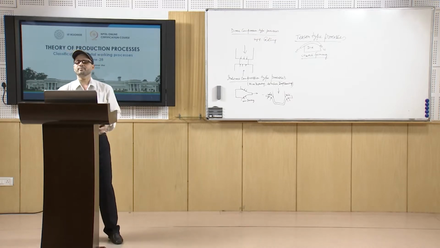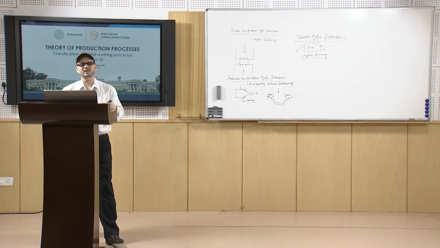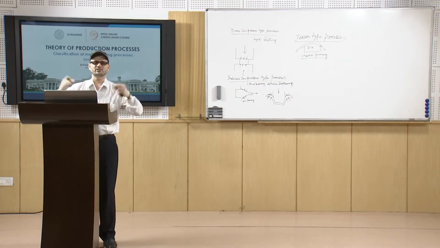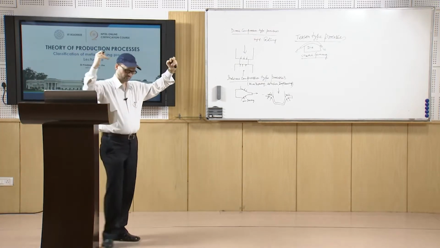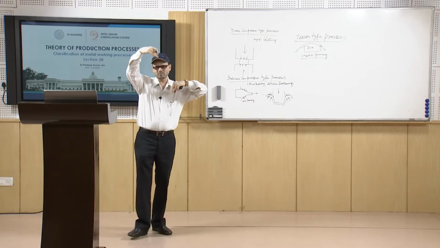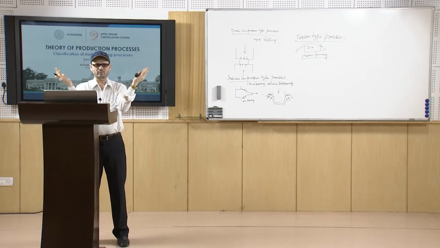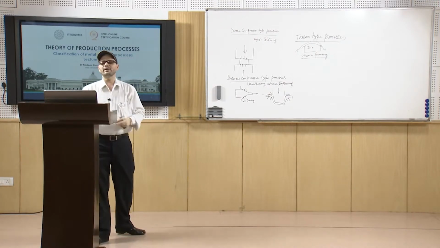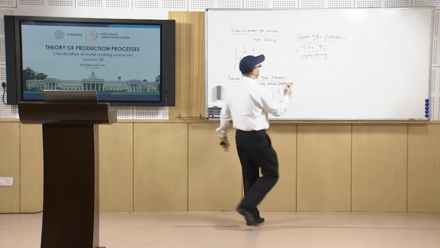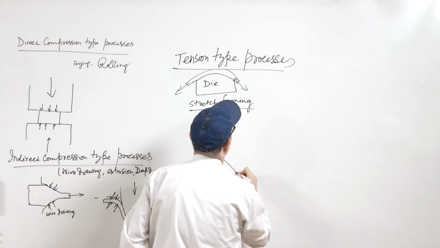Now in bending, this involves the application of bending moments onto the sheet. So you have the sheet and you apply the bending moment so that it bends from both the directions. So that way you get a bent specimen. So you have a specimen like this.